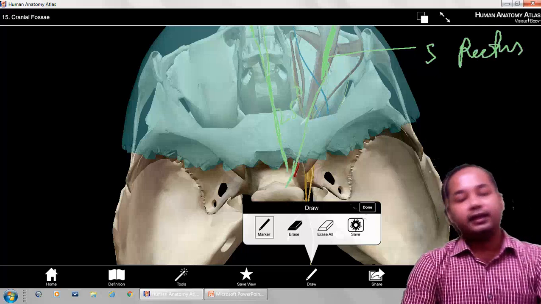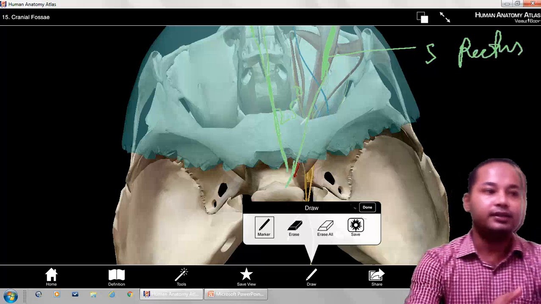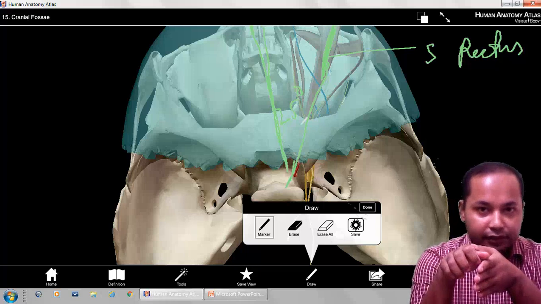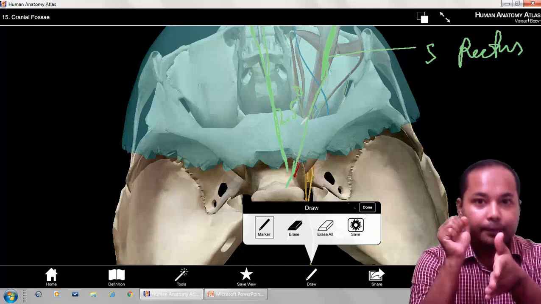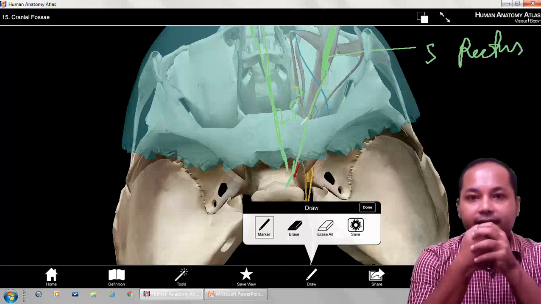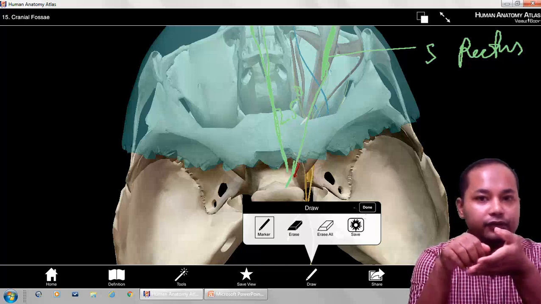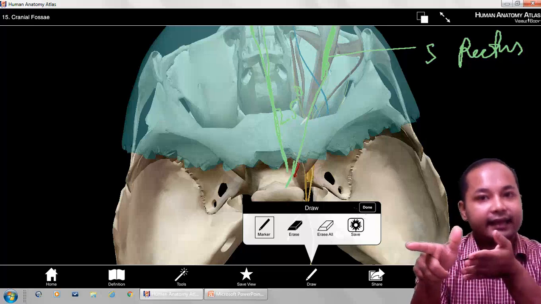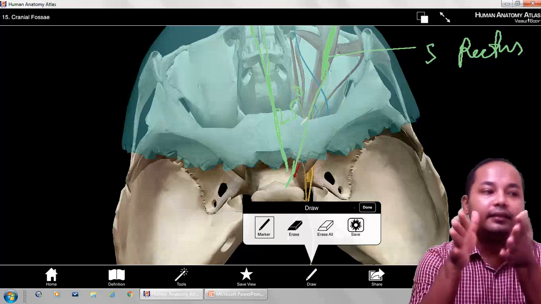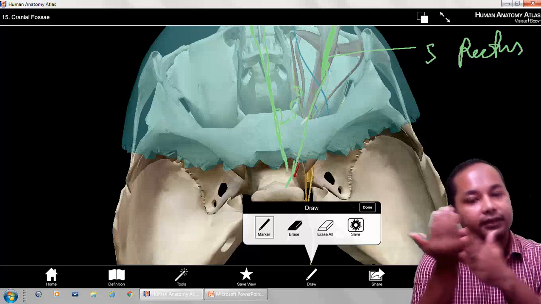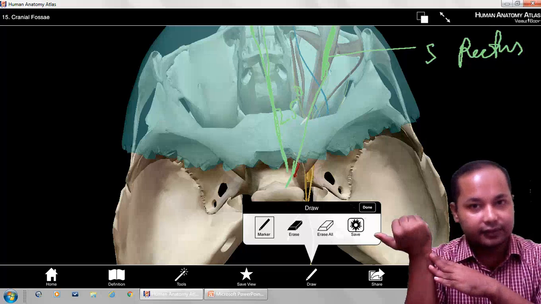So that is why I want to insist on this point, that when it is acting, it will not simply make your eyeball look up. Had it been parallel to the sagittal plane, then the eyeball would have moved simply up. But since it is acting at an angle, it makes the eyeball move up as well as a little bit deviated laterally.